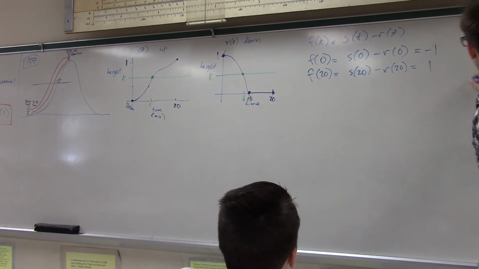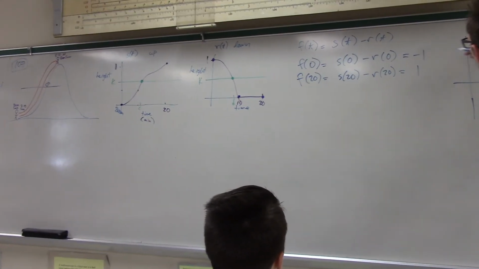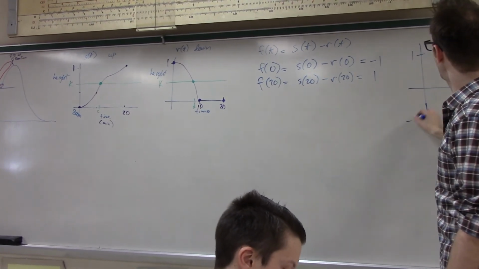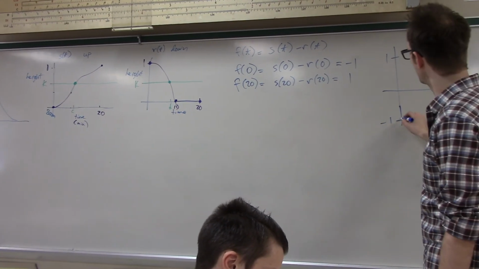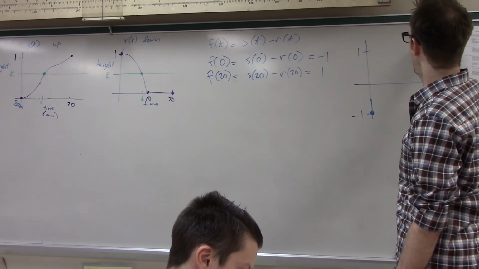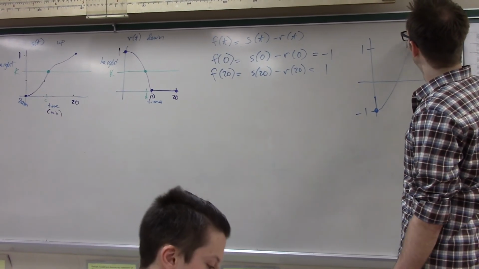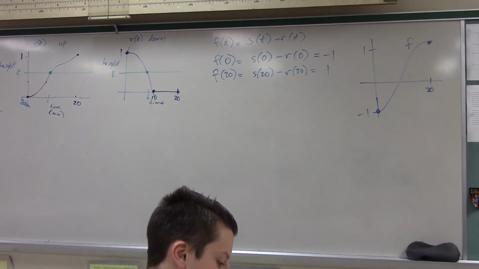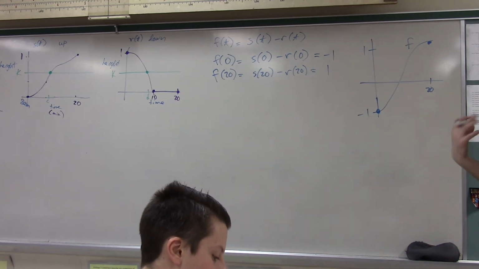Okay, so now I can make a sketch of this f function, and here is what f looks like. At time 0 it's -1, and at time 20 it's at 1. And since this f function is a difference of two continuous functions, it must also be continuous. So everyone see what's going on here?